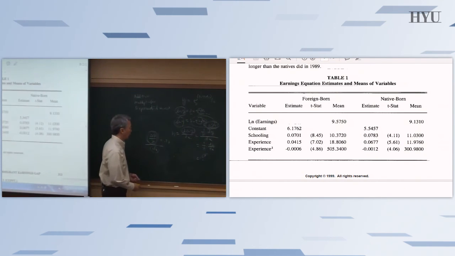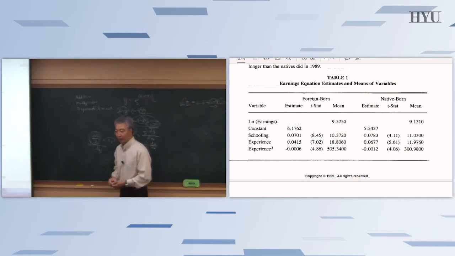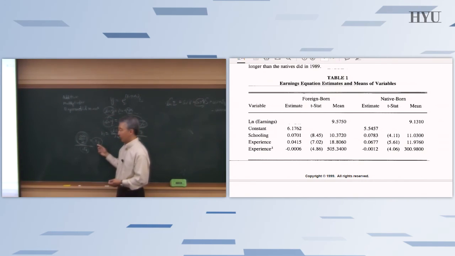So what that means is a 1 unit increase in X will lead to what? 24% increase in Y, because this fraction is 0.24. I think you should have questioned that. I think I said 0.24%, but actually that's a 24% increase.